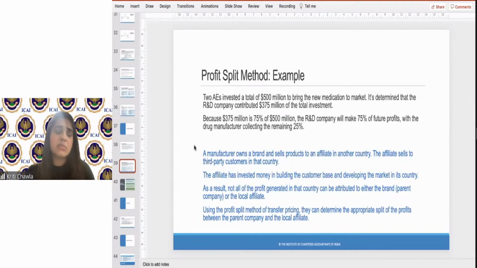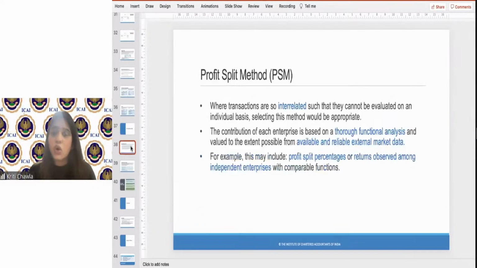There's subjectivity involved in the profit split percentage to be used, or how the returns would be split between independent enterprises. It depends on whatever market data is available. But all you have to remember is that the profit split method is for interrelated transactions, for intangible transactions, where a profit split is actually involved.